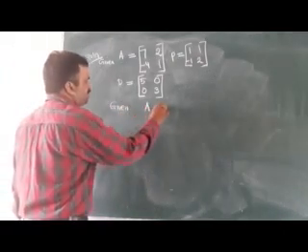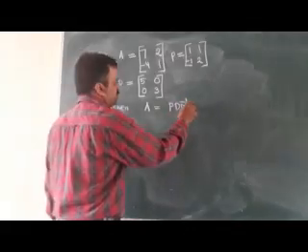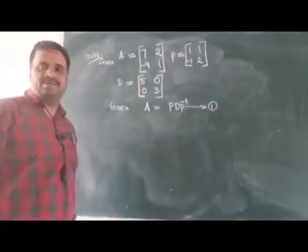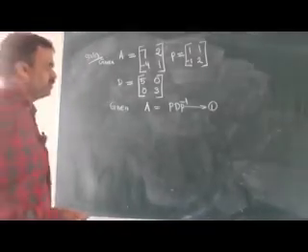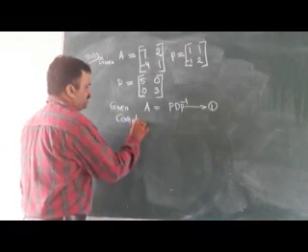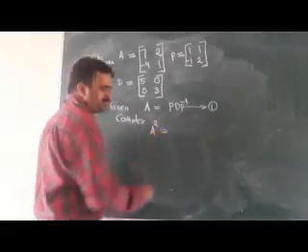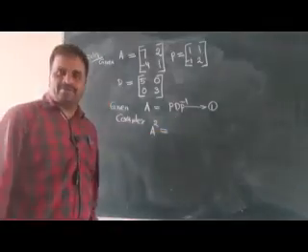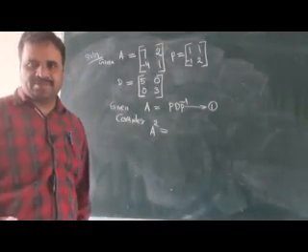Given A equal to P D P inverse, let it be equation number 1. Now consider A power 2, because we have to find A power k, so I am going to generalize it.